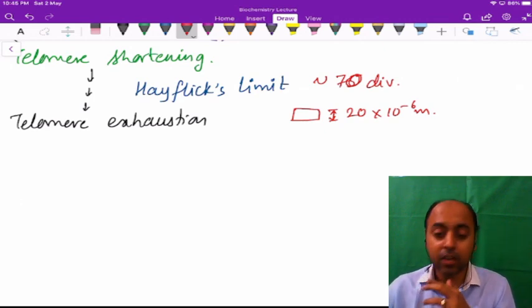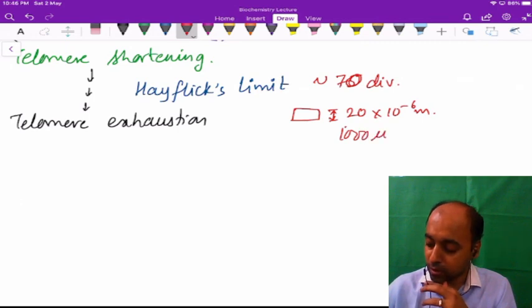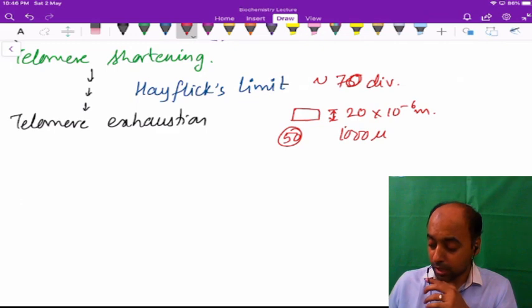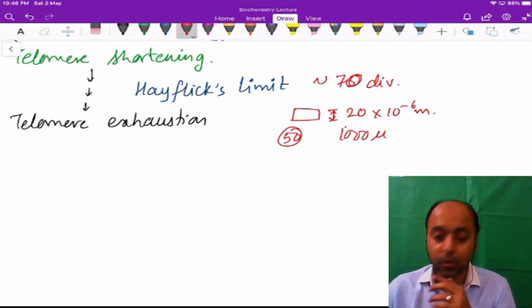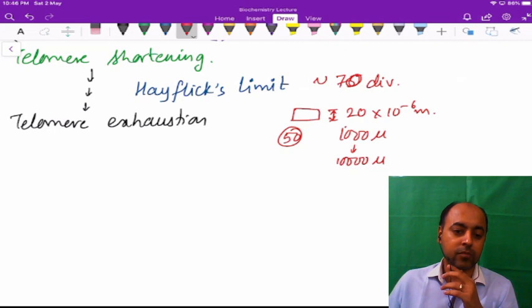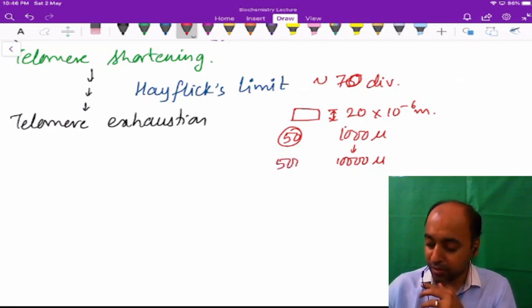See, 20 microns is one cell. So if you reach 1000 microns, that will be 50 cells. 50 cells stacked one over the other will be 1000 microns, and that is 1 millimeter. So from 1 millimeter, if you go to 10,000 microns, that is 1 centimeter, that will be 500 cells. And if you go finally to 10 centimeters, it will be 5,000 cells.